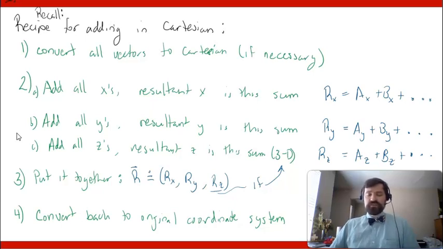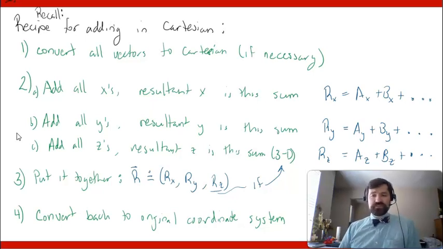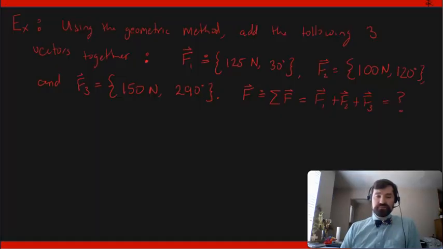I also, in the other video that I've done on adding vectors for this level of class, discussed adding in polar form using the geometric method. So today I want to put those two things together, and we're going to revisit an example from a previous video in which I asked you to use the geometric method.